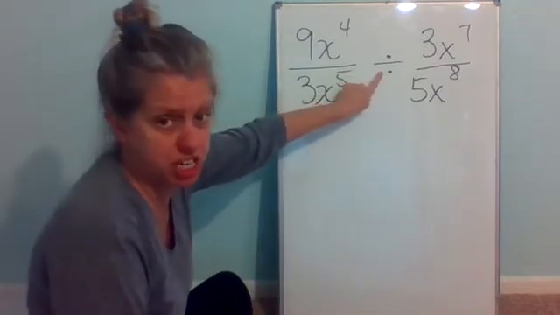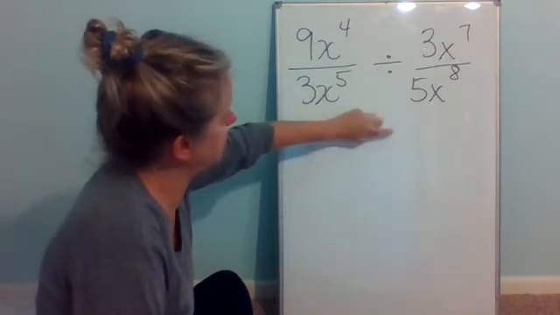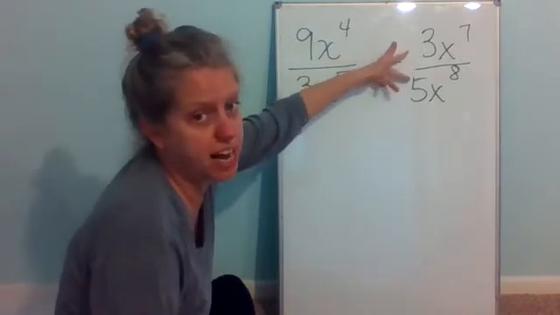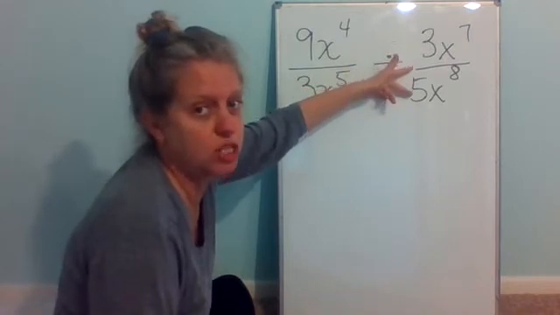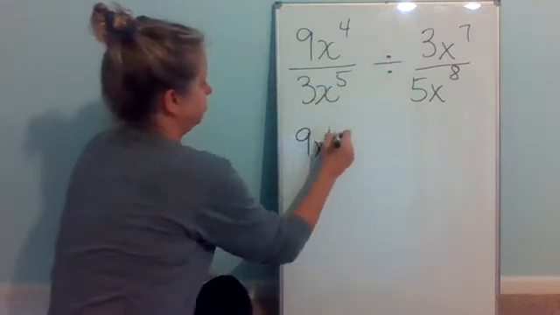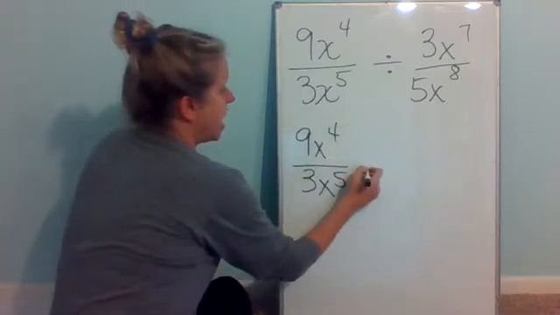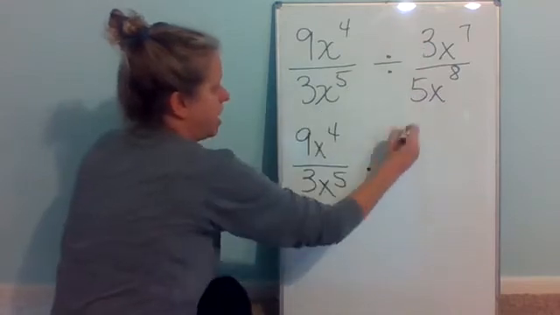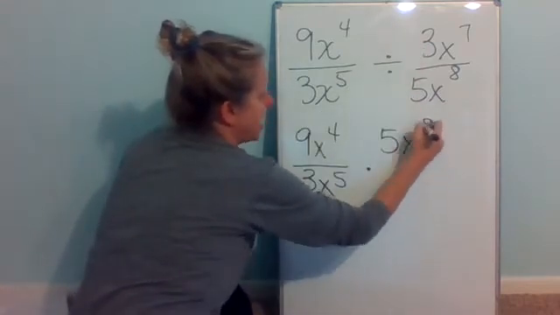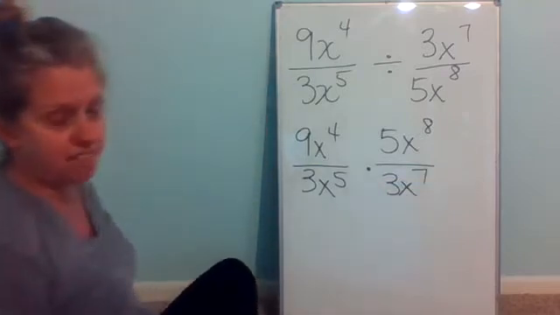Again, if it's division, you're going to change this sign to multiplication and turn upside down this second fraction. So let's write it like that. So I have 9x to the 4th over 3x to the 5th times, this goes in the top now, so 5x to the 8th over 3x to the 7th.